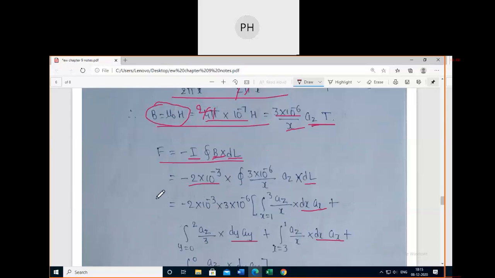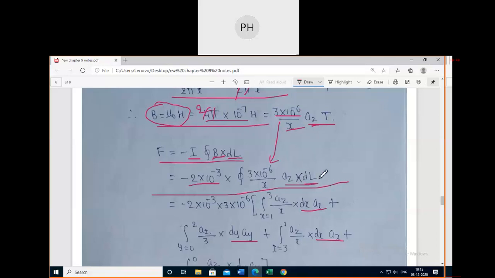In general this is the equation: I is minus 2 into 10 raised to minus 3 into the closed surface integral of 3 into 10 raised to minus 6 divided by x AZ into dl as it is.